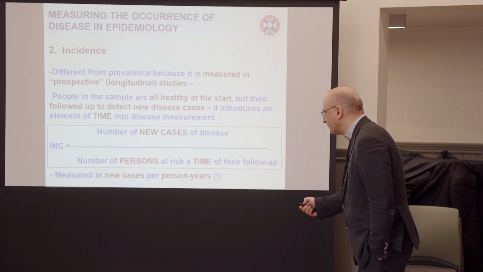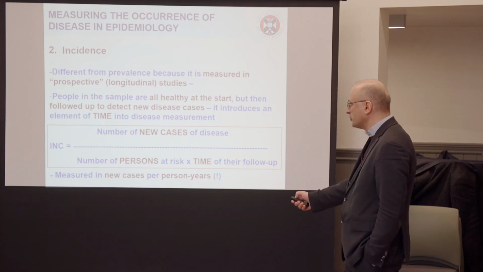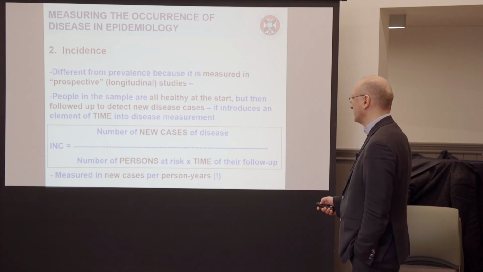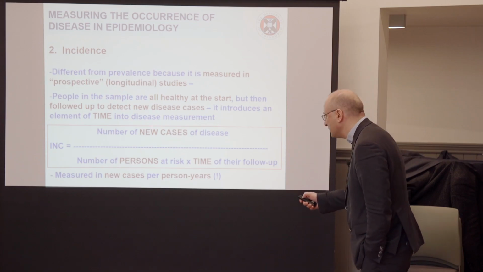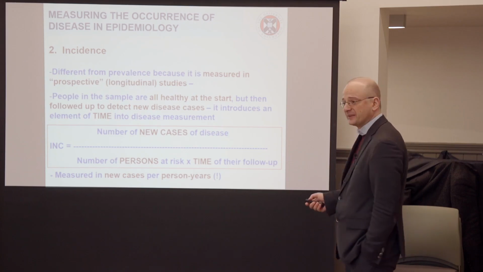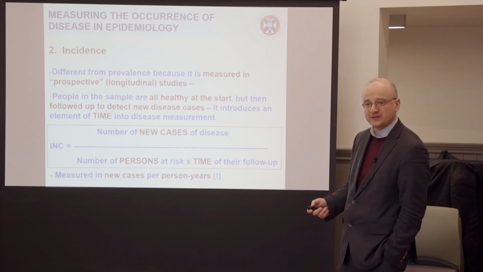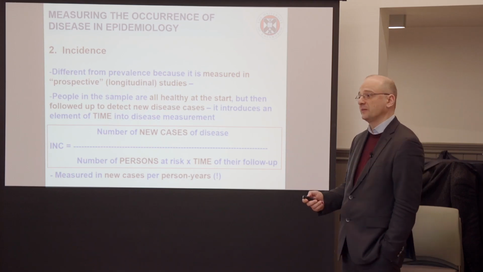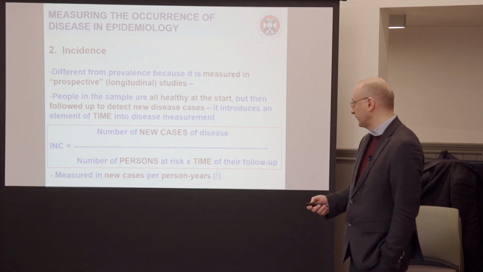And remember, persons at risk. Every word in this definition is very important, as I will show you later. So, number of new cases of the disease, new cases, not relapses of cases that we already established. It has to be an entirely new case of disease arising in someone who was previously completely healthy, all right?